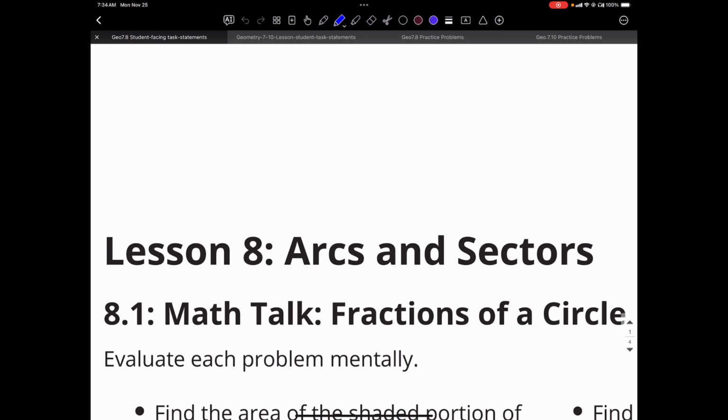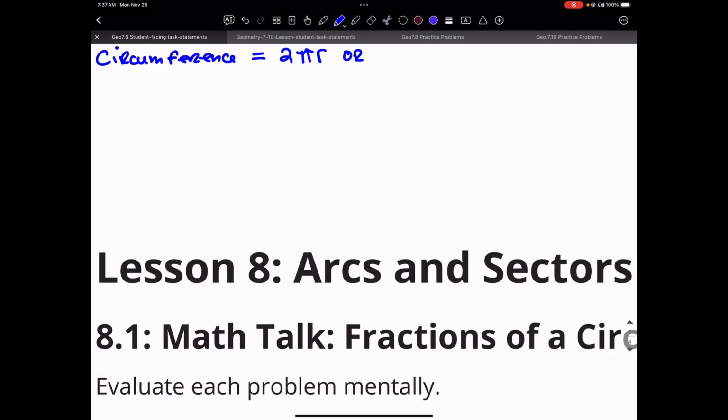So the circumference of a circle, remember that's basically the same thing as the perimeter. That's going to equal 2 pi times radius, 2 pi r. Or we could say it's pi times diameter because the diameter is the same thing as 2 times the radius, right? So that's the circumference of a circle.